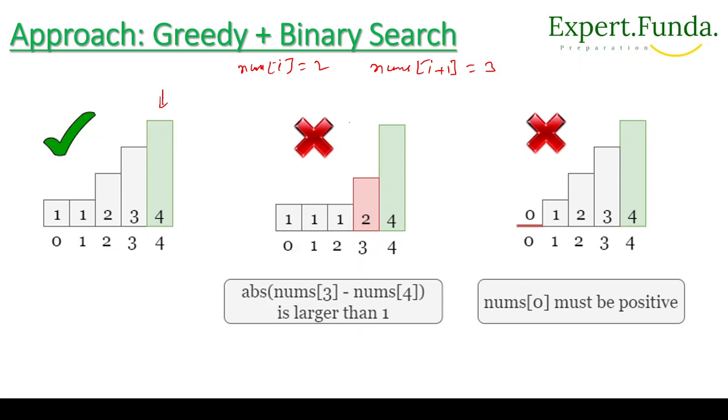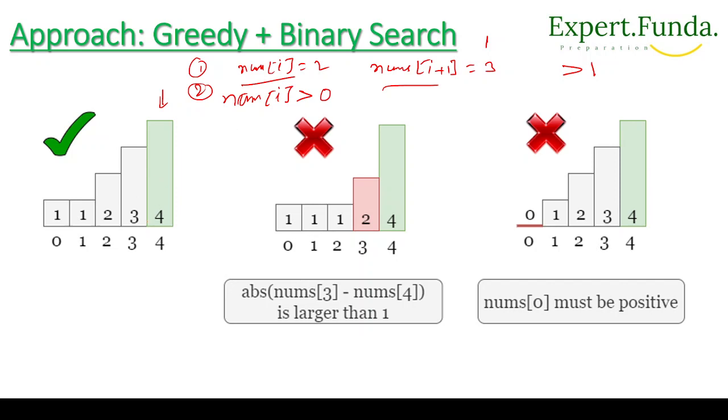Okay, it should not be any other value, because if we take this minus this or this minus this, the difference should not be greater than 1. Okay, the next rule is saying that nums at i must be greater than 0, right, a positive value.